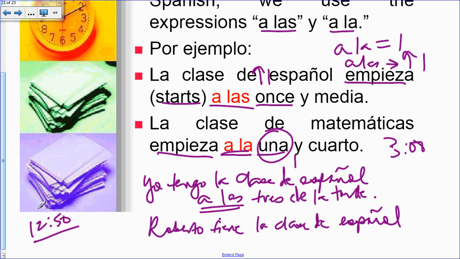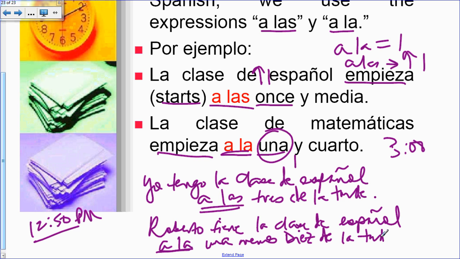So our reference point essentially here is going to be 1 o'clock with a 10-minute difference. A la una menos 10. We'll call this PM, de la tarde.